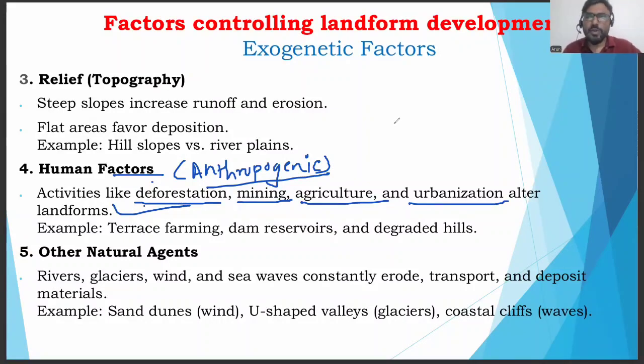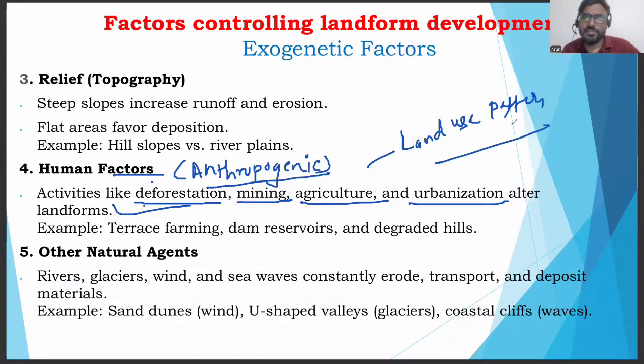Because of growing human demands, what are we doing, guys? We are cutting the trees. We are changing the land use pattern due to growing urbanization, and because of that, the structure of the landform has been changing, has been modifying.